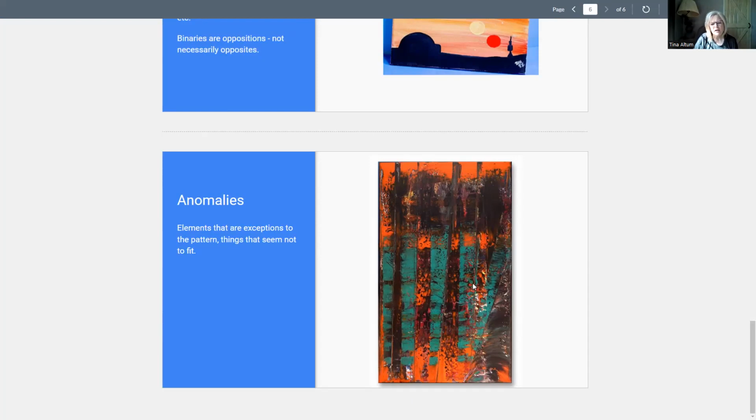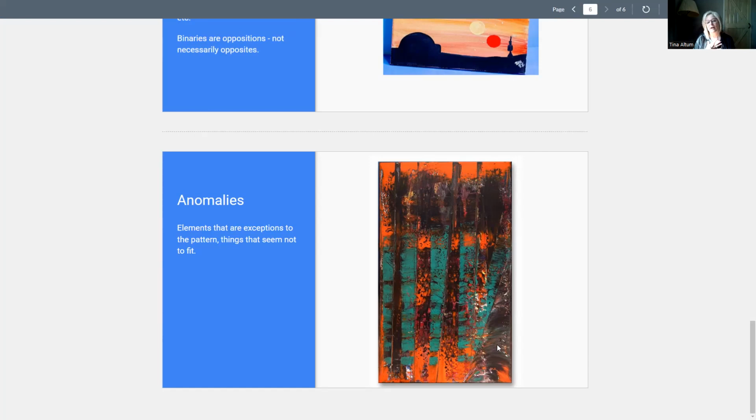They all have similar color patterns. They're not exact repetitions because things are different. They don't look exactly the same. And then you've got this one over here that looks like it might be laying down or at least coming out at a different angle. That's an anomaly. It also doesn't have the same colors that these do. It doesn't fit. Usually there's a reason for that.